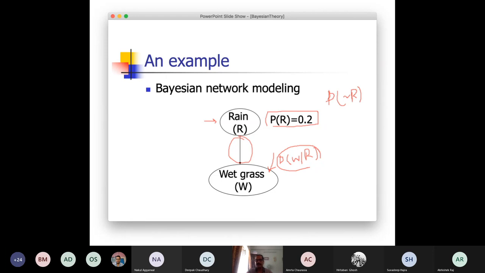If you know this value, the other value would be 1 minus the probability of W given R. Similarly, you need to know also the probability of wet grass when it does not rain. This is not related with this. This is another event. If it is not rain, what is the probability of wet grass, right? So these two you require minimally.